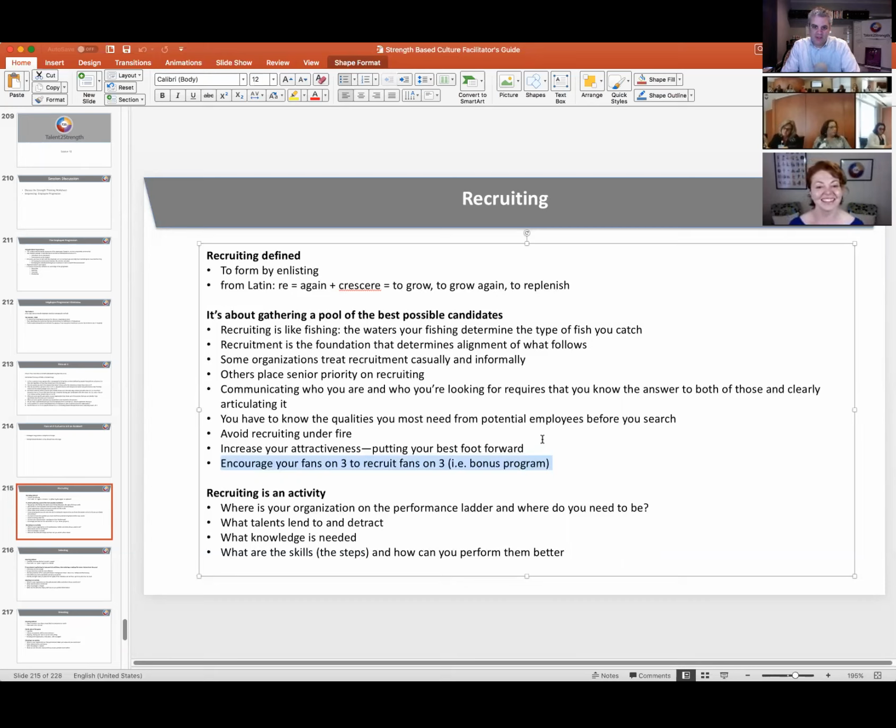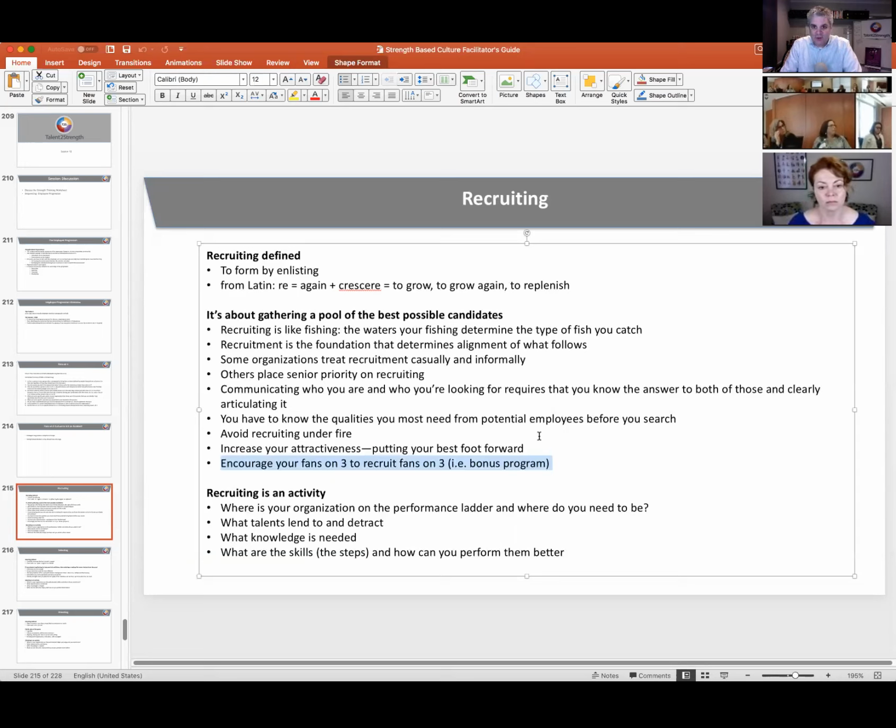I would even say this too. If you made this fans on 3 concept the governing concept for how you grow your team and staff, it would automatically bring all the other results you're looking for in terms of patient satisfaction and health outcomes and employee satisfaction and engagement.